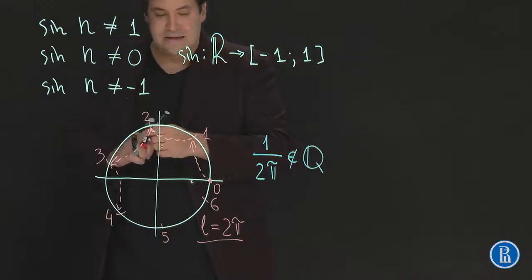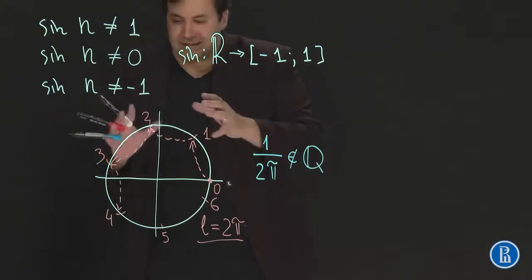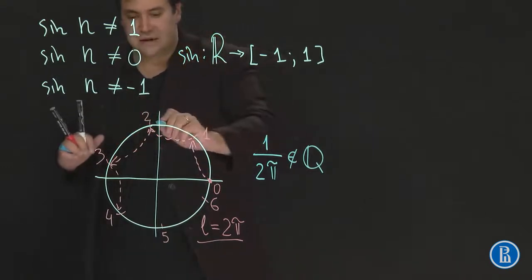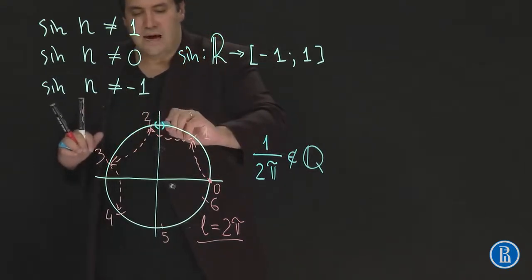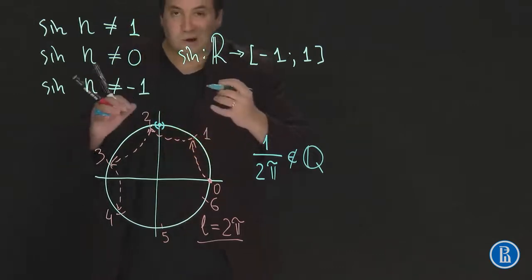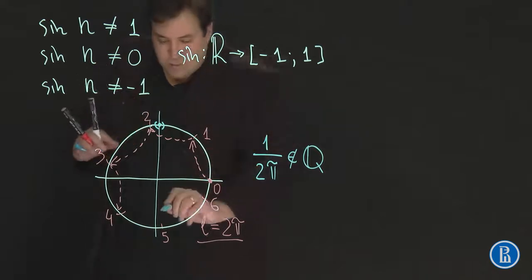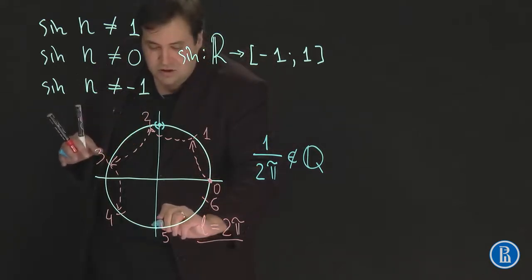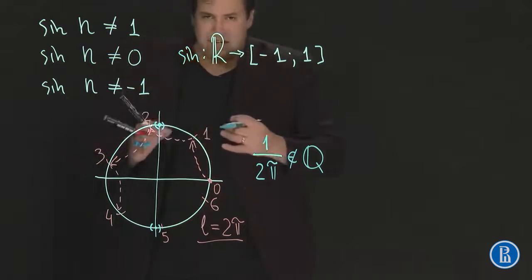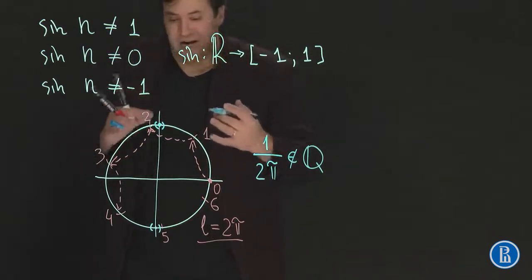And we understand that positive integers form a dense set. From this it follows that we can get arbitrarily close to the upper point of the circle, which means that the sine of a positive integer can be arbitrarily close to 1. And we can get arbitrarily close to the lower point of the circle, which means that the sine of a positive integer can get arbitrarily close to -1.